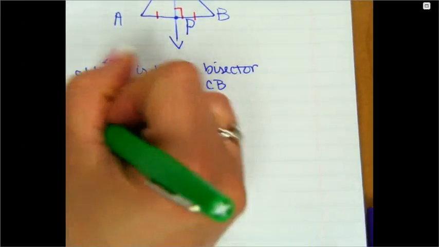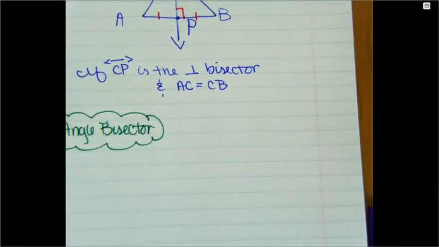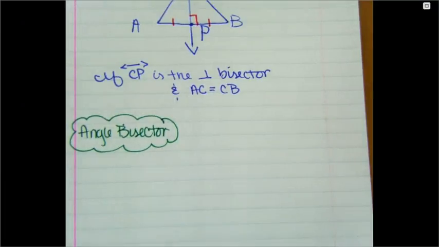Angle bisector. What does it mean to be an angle bisector? What does it mean to be an angle? It's an angle. What does it mean to bisect? Cut into what? Two what?